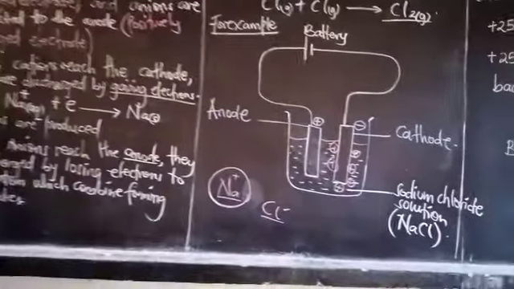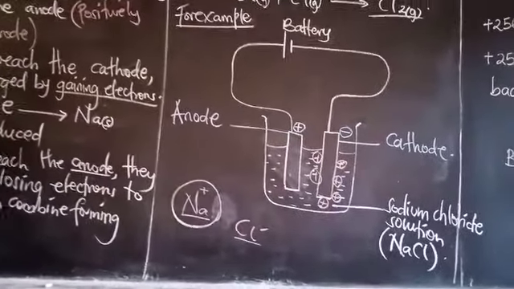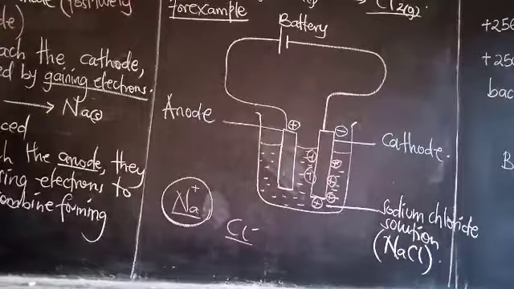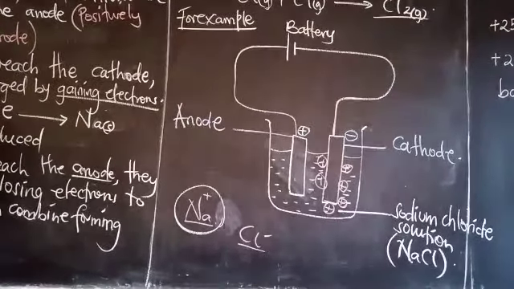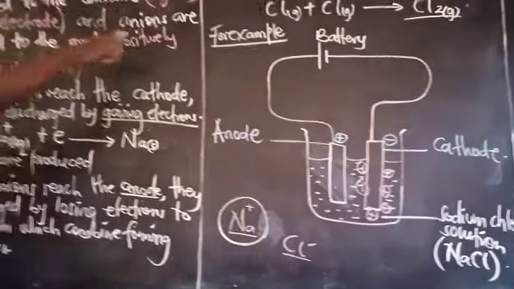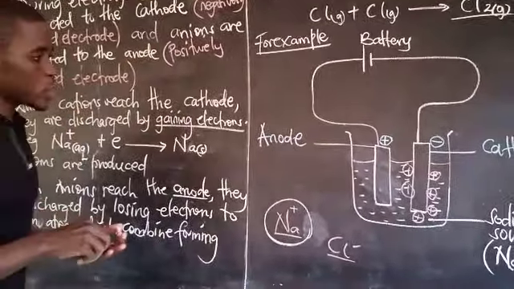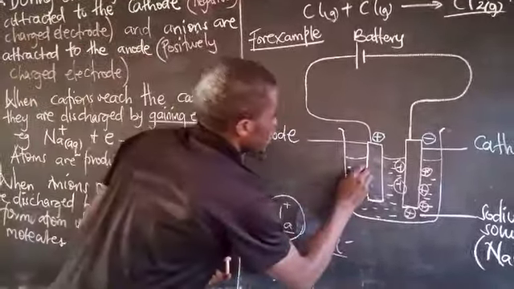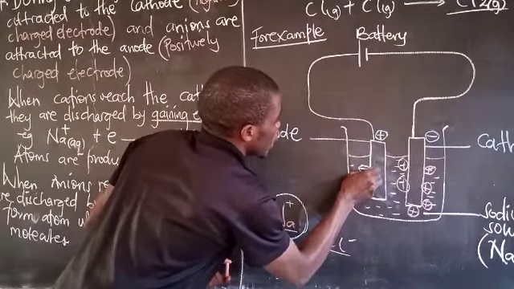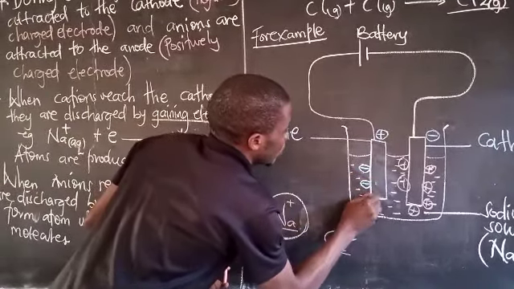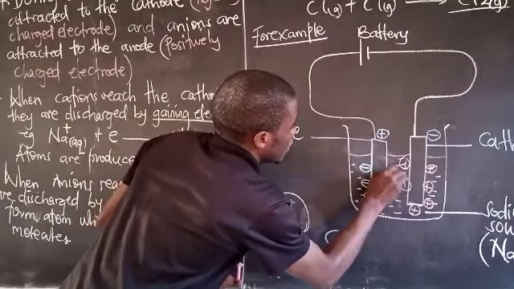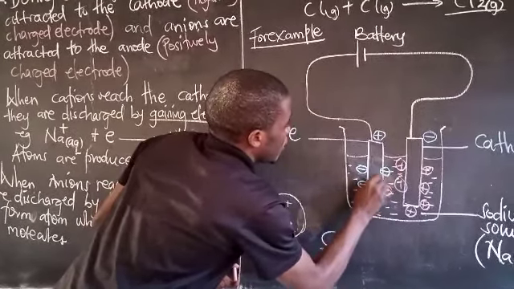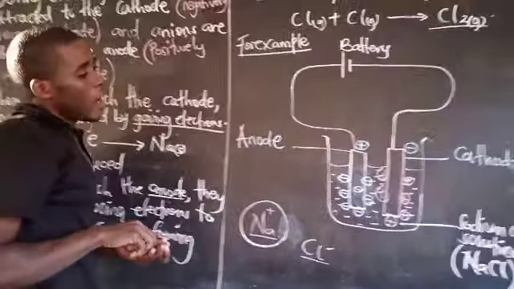I'm representing them with a positive charge. And then the negative ions, the anions, are attracted to the positively charged electrode. So the negatives will parade around the anode.